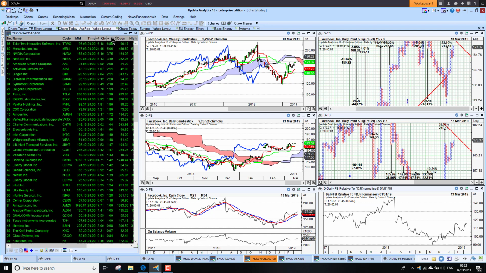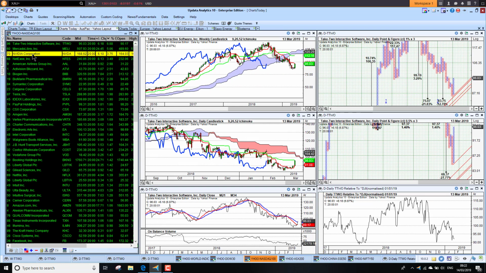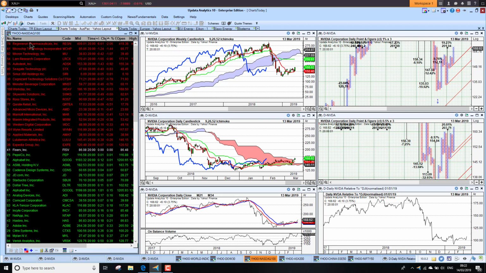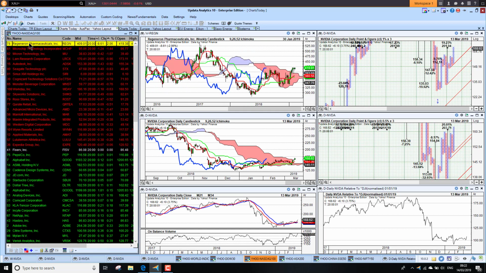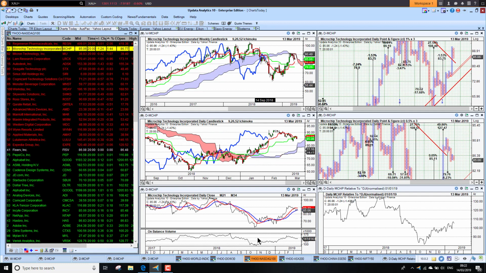The best performer was Take-Two Interactive. Nvidia were up 3.75%. Their recovery is underway, but still not clear. And if we look at the downside, we had really some of the smaller Nasdaq stocks just down 2% here on Regeneron, and Microchip are down 1.4%.